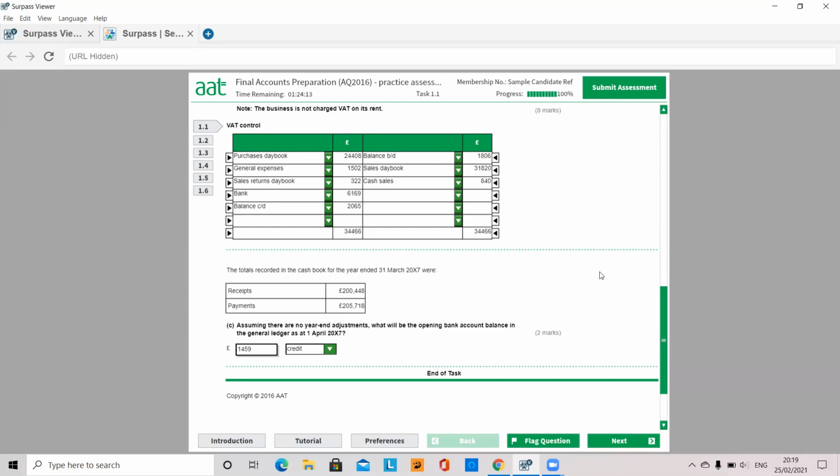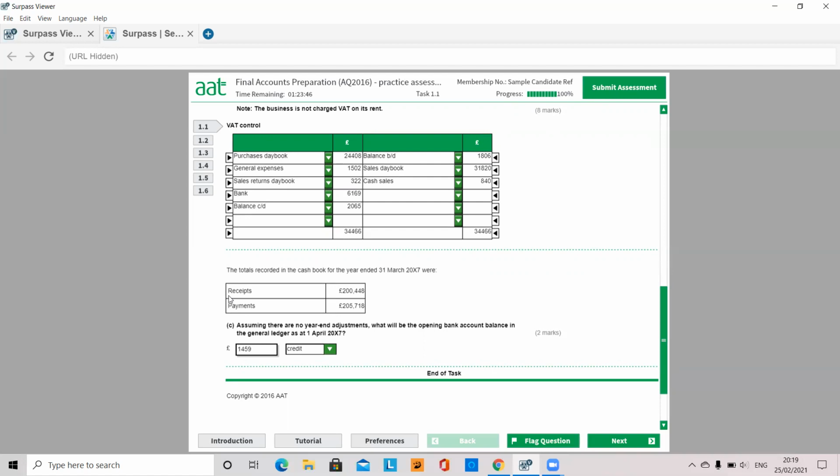Start again. So 200,448 on the debit side. So money in the bank is debit, money out of the bank is credit, and on the credit side, we've got 205,718. So therefore, we've got a balance carried down, which is the difference between them, which is 1459.